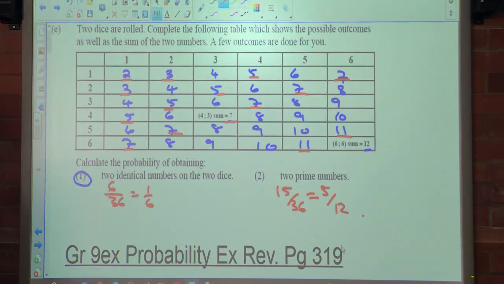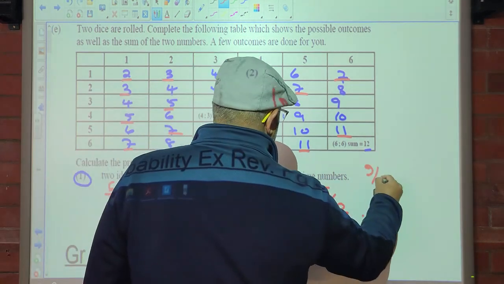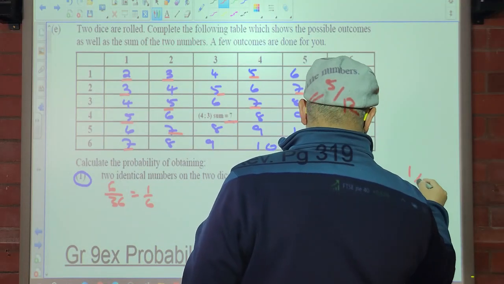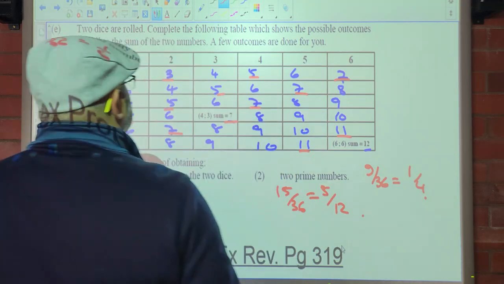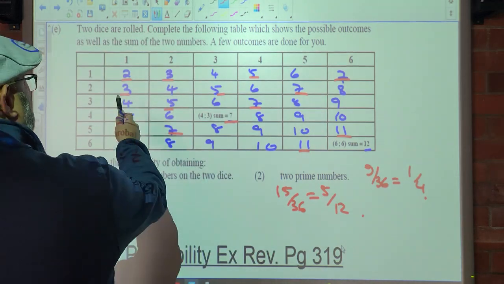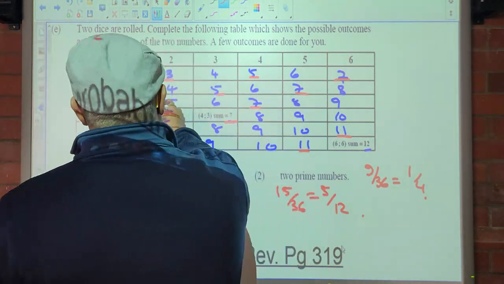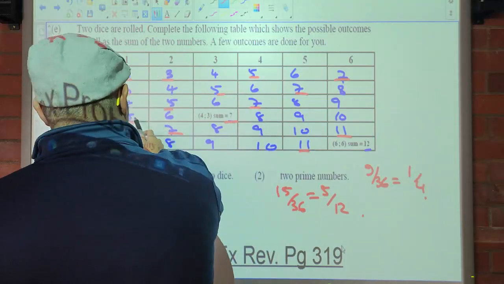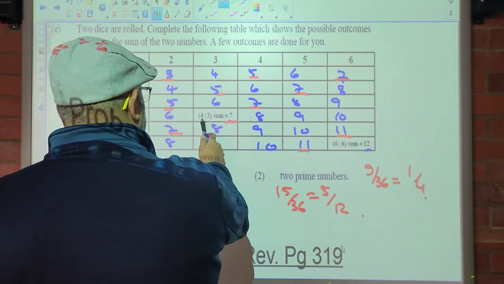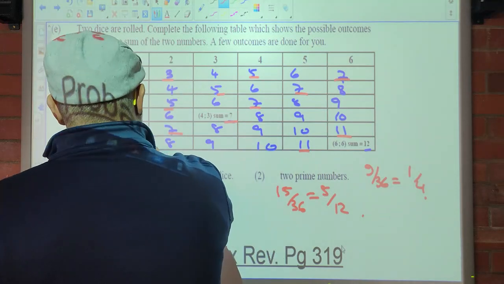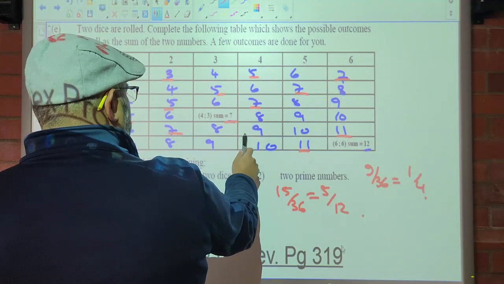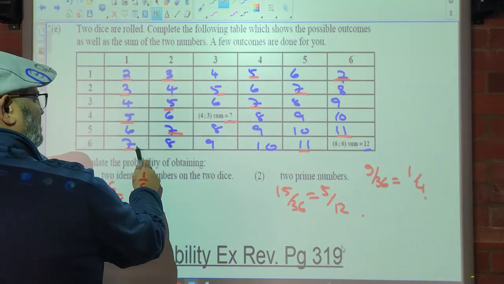What do they get? So I got 9 over 36. 9 over 36, which simplifies to a quarter. Okay. So I count 1, 2, 3, 4, 5, 6, 7, 8, 9, 10, 11, 12, 13, 14, 15.